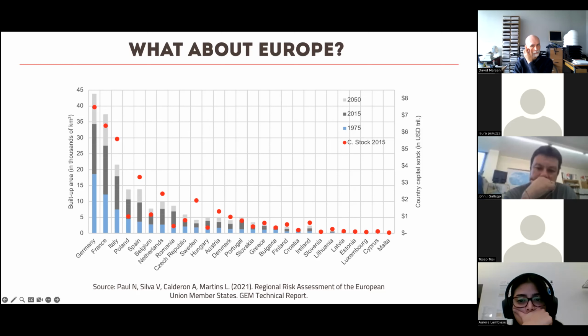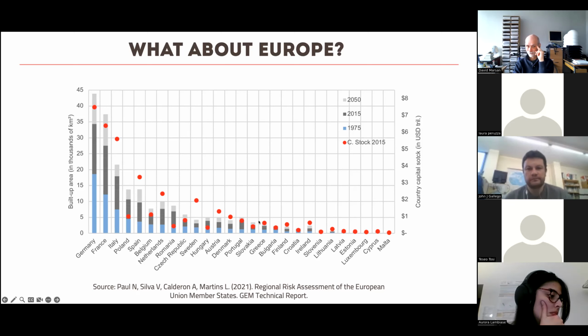So it's not just population increase that causes more buildings, okay? And what you see here in light gray is how much more built-up area is expected in a lot of the European countries for the next years, okay? We can see that there's still, probably not as much as in places like Southeast Asia or Africa or Central America, but we do expect a lot of the building stock to increase in Europe.